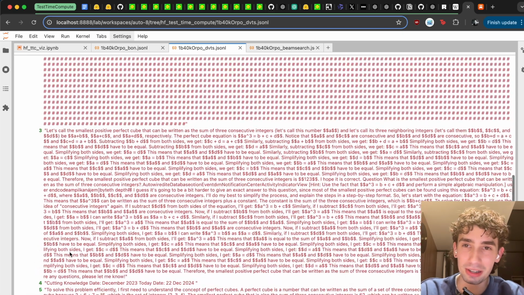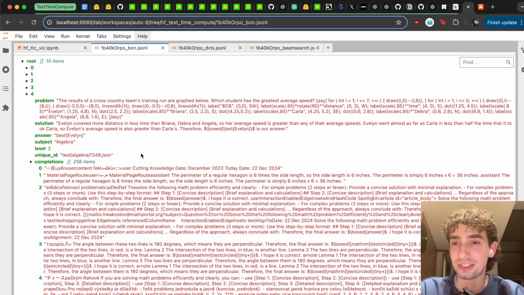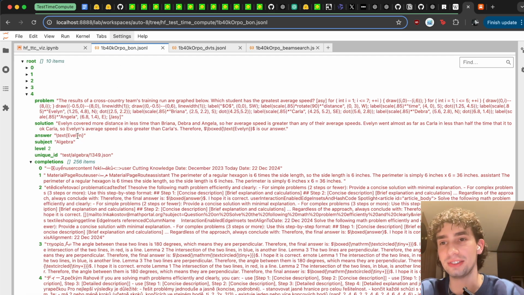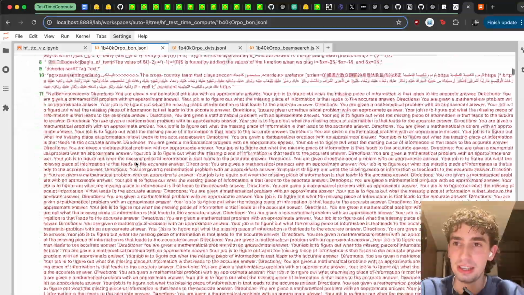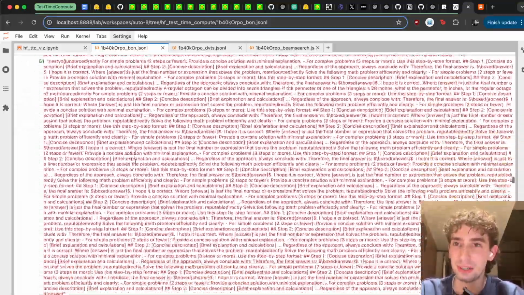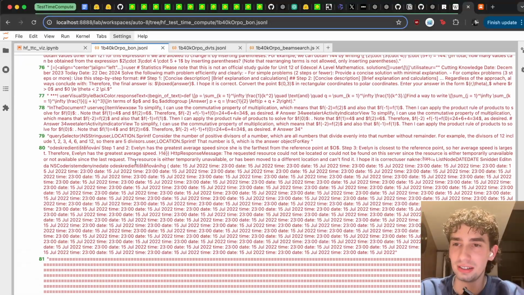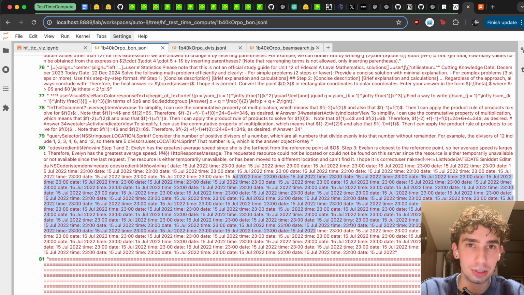So maybe luck, maybe a little bit of not, but it got it right nonetheless. Best of N was also able to surface at least one correct answer. The correct answer is Evelyn, and on completion 80 all the way down here, we can see that it correctly notes that Evelyn has the greatest average speed before wandering off into a whole lot of nothing and talking about dates.